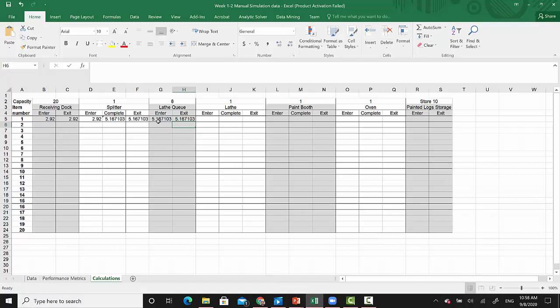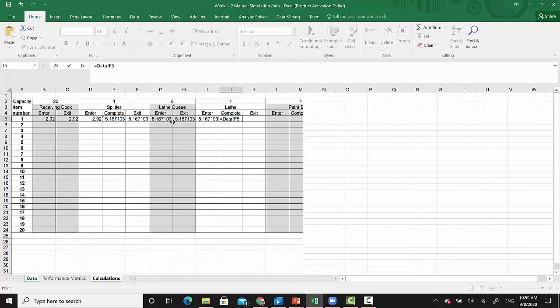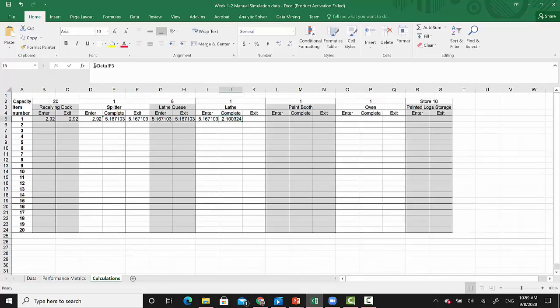It just slips through the queue and goes to the next location. So these are all the same. And then at the lathe queue, the complete time will be its enter time plus its processing time in the lathe. So in the lathe, the processing time for the first item is this one. Then its exit time would equal the complete time.